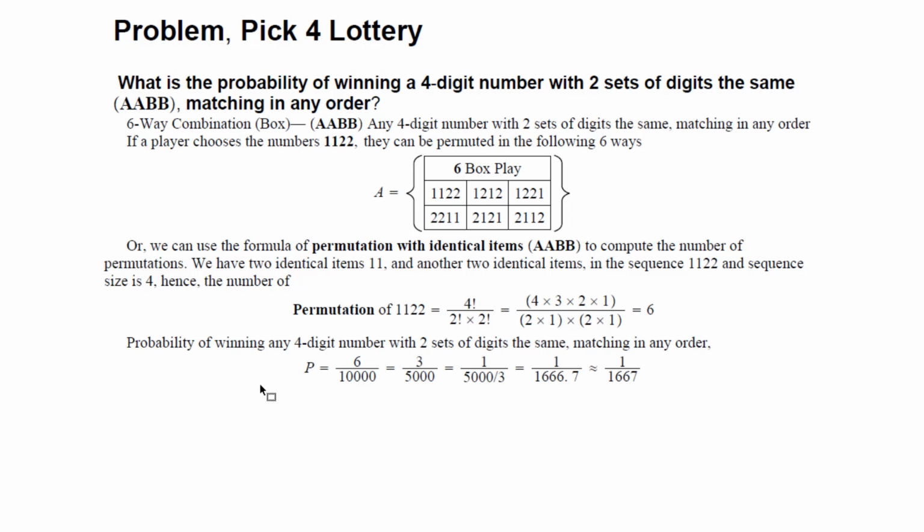So now the probability of winning any 4-digit number with 2 sets of digits the same, matching in any order: we divide the number of possible outcomes for the 6-box play over 10,000, and we get a chance in 1667.